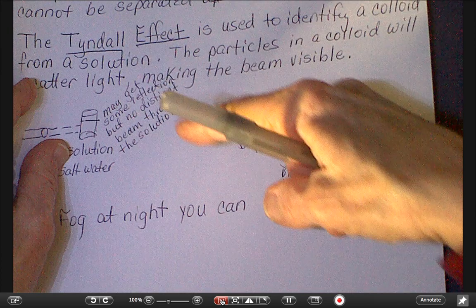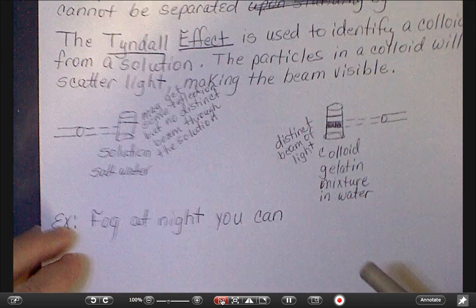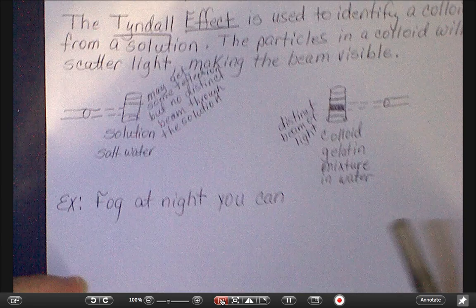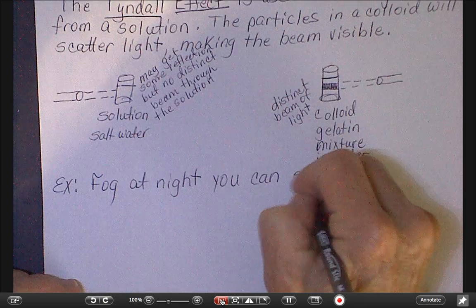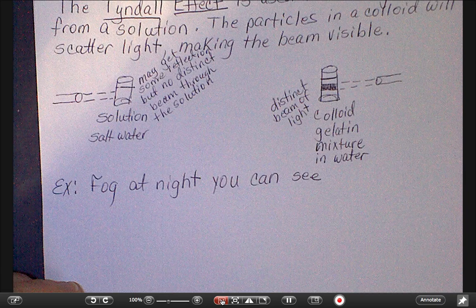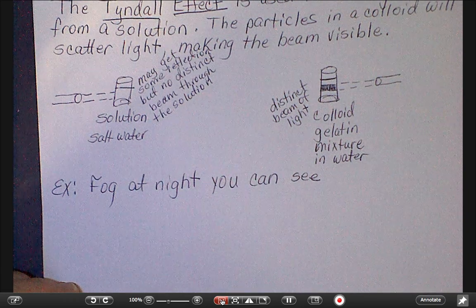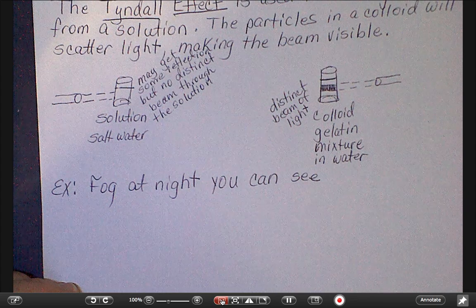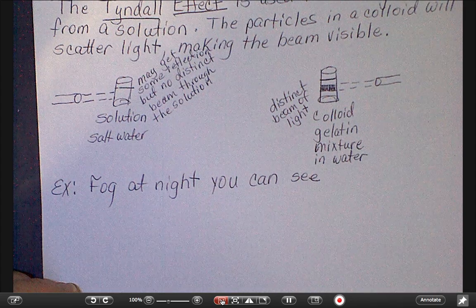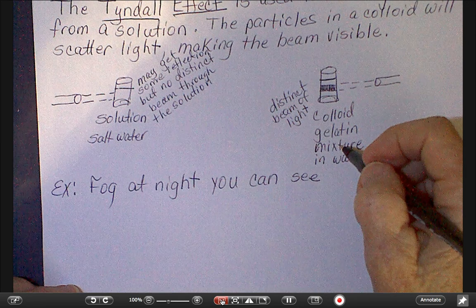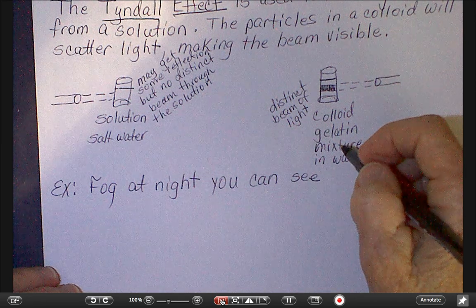Does that make sense? Y'all with me? Okay. Fog at night, you can see the headlight beam from the side. So what does that tell you? That fog in your air is a what? Colloid. Okay? Fog at night, you can see the headlight beam from the side.